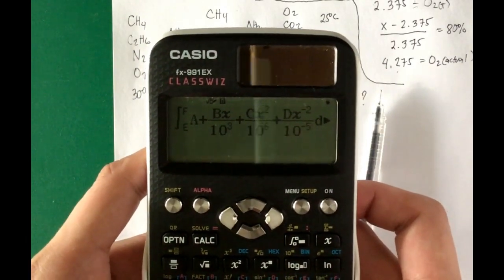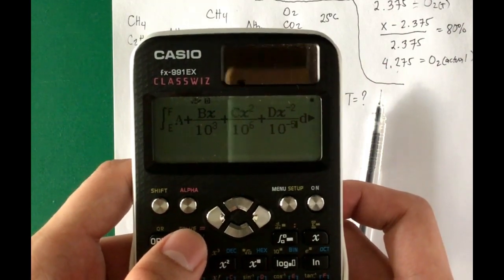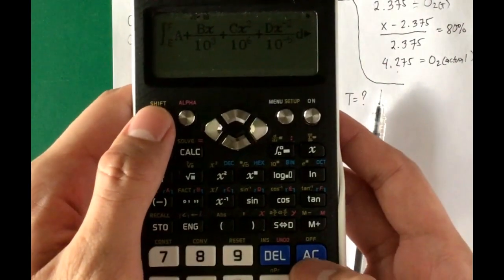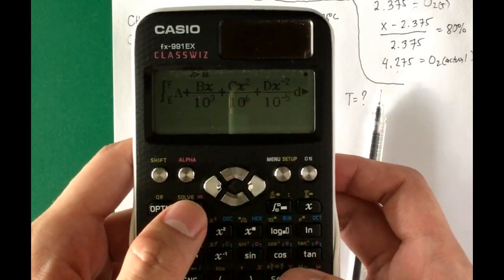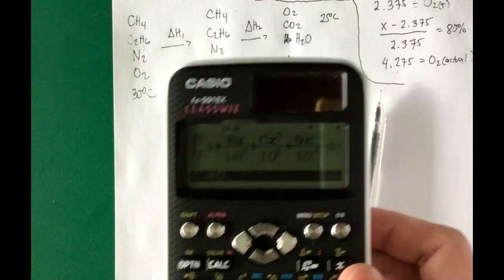I hope everything is clear. And we're just going to use calc. You're going to press calc. We're not going to use shift solve. Rather, we're going to use calc. So if we're going to use calc, we have to input all the variables.